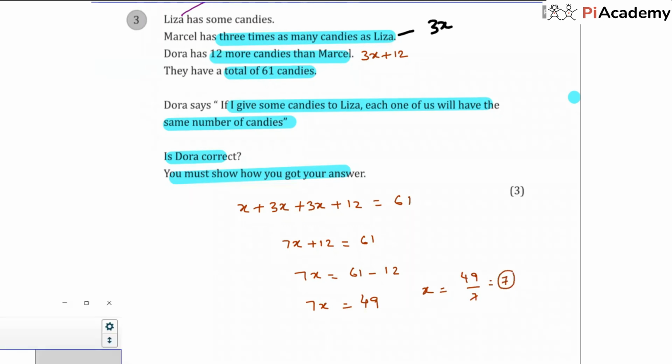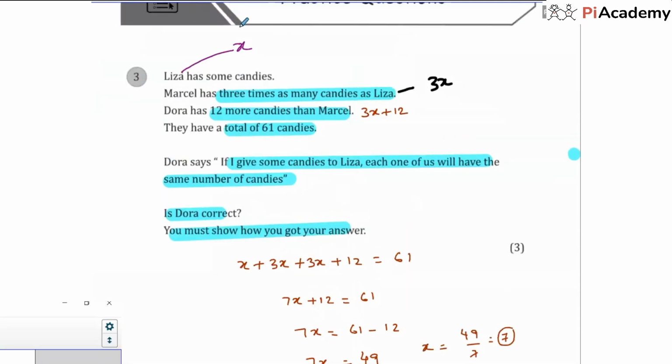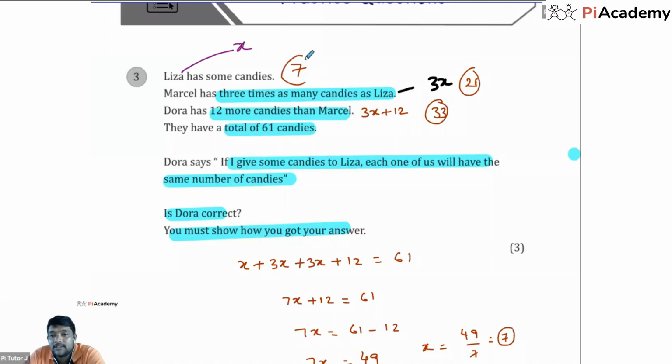So x is equal to 7. So Lisa has 7 candies. Marcel has 3 times 7, 21 candies. And then Dora has 21 plus 12, that is 33 candies, right? So 33, 21, and 7.